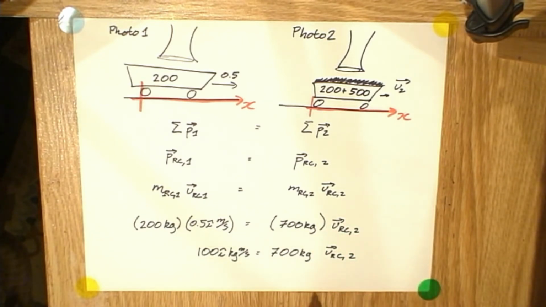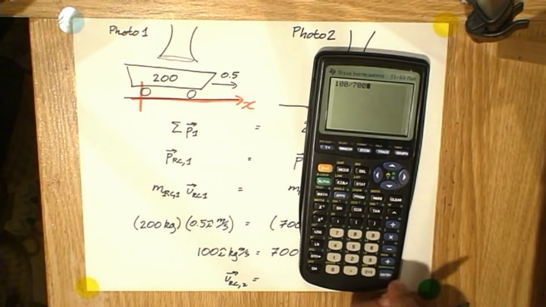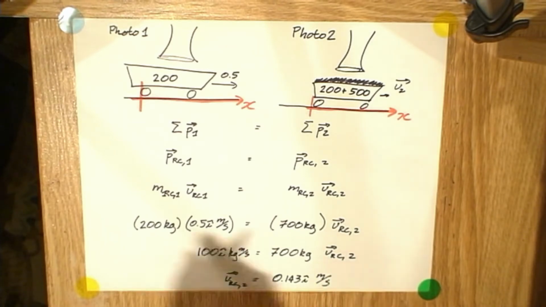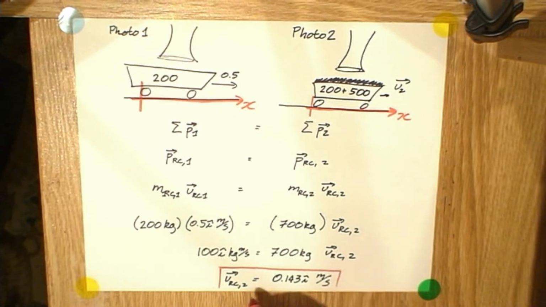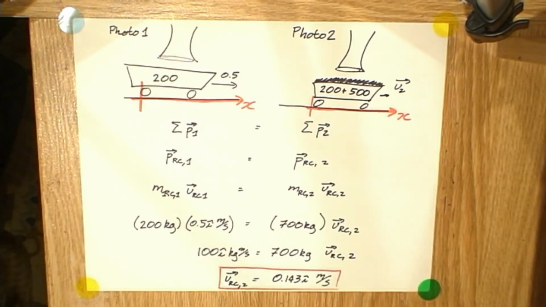So the last step is just to divide both sides by 700. That gives us the velocity of the rail car in photo 2 is equal to 100 divided by 700, which is 0.143, and this would be measured in meters per second. So this then is the final velocity of the rail car after this material was dumped into it.